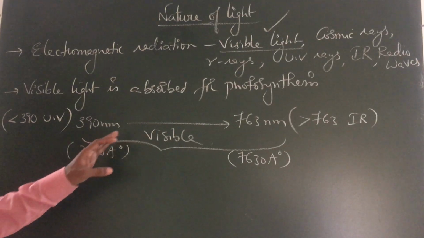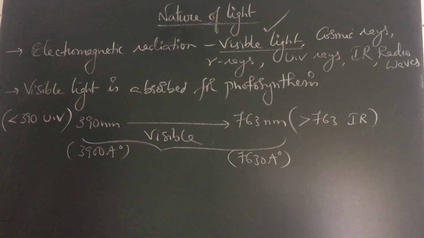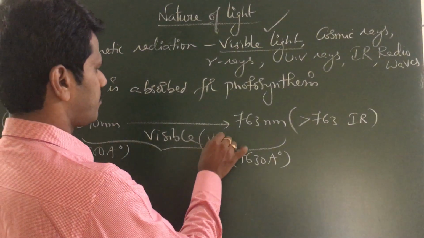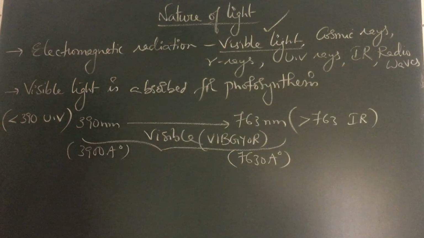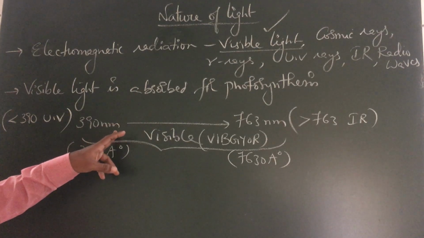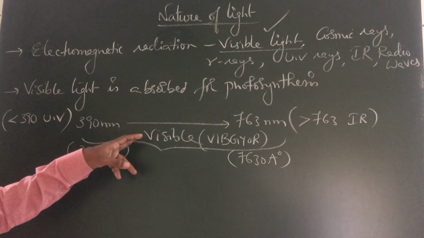So what is visible light? Visible light includes violet, indigo, blue, green, yellow, orange, red. They have different wavelengths, different ranges.